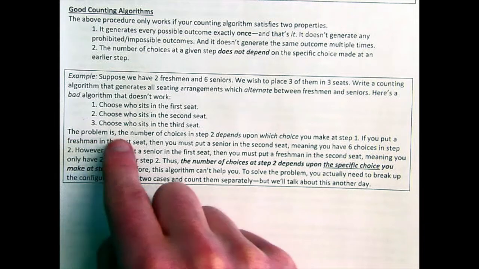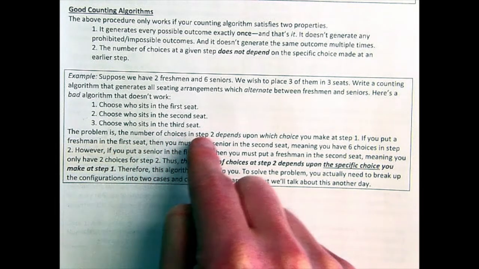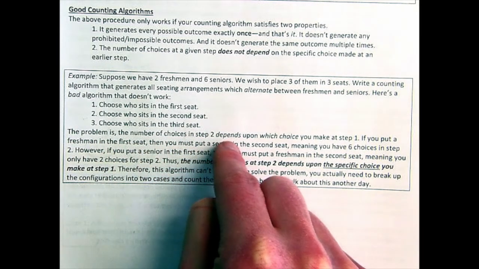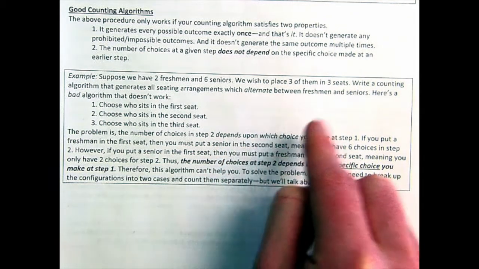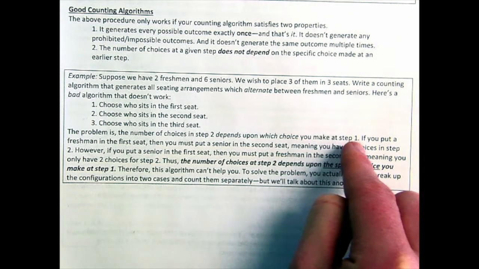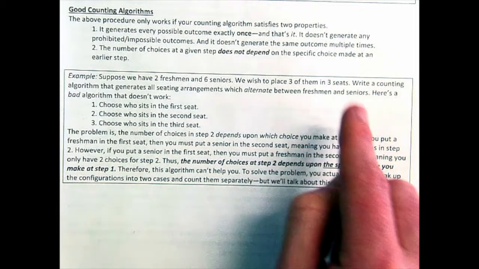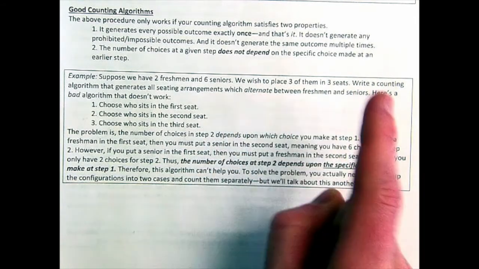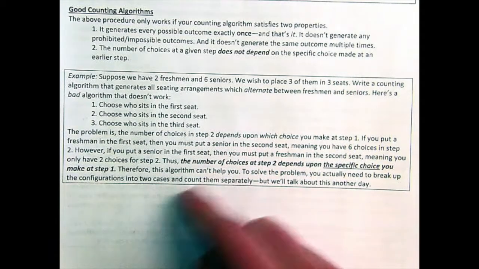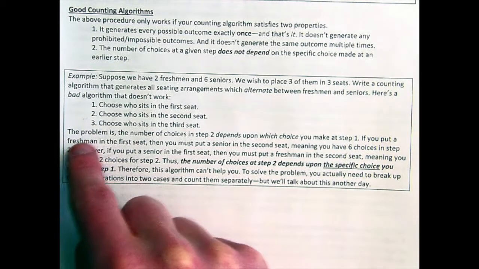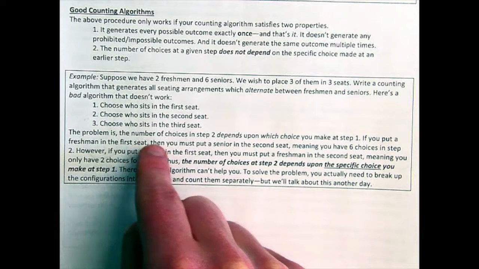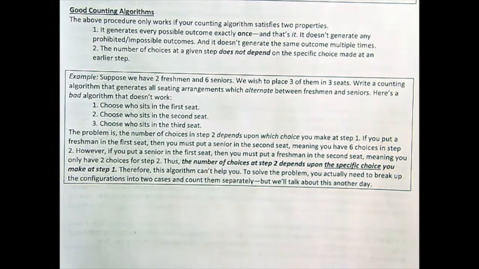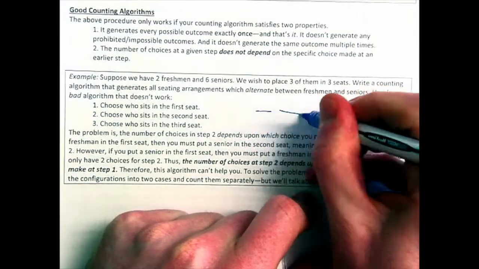The problem is the number of choices in step 2 depends upon which specific choice you make at step 1. Remember that the freshmen and seniors are supposed to alternate. If you put a freshman in the first seat, then you must put a senior in the second seat. So here are the first 2 seats.